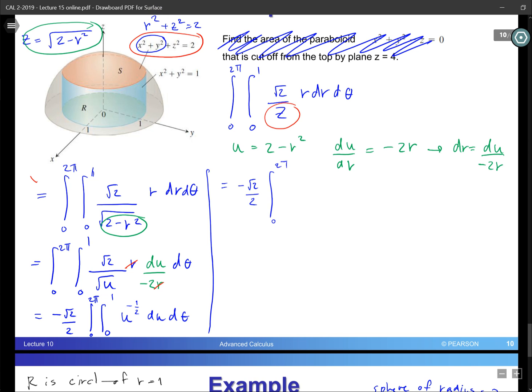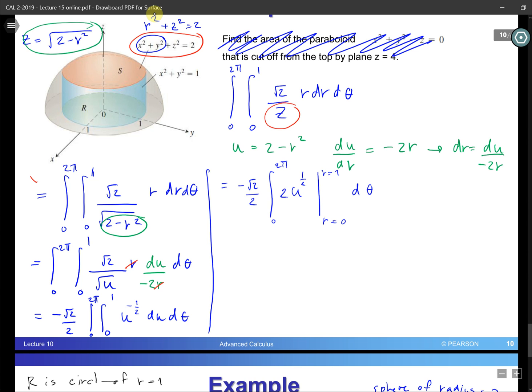Integrate u with respect to u here, which should be easy for you by now. This is equal to u to the power of 1 over 2 divided by 1 over 2, or basically 2 here. And you have to evaluate this at r equal to 0 and r equal to 1. And we still have d theta right here.